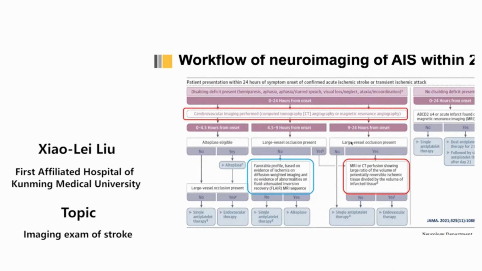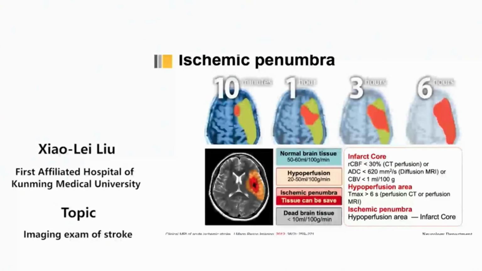And in this part, we can see the important role of neuroimaging. So here, the theory of ischemic penumbra should be explained. If there is a blocked vessel, the lesion occurs, and as time passes, the lesion becomes larger and larger.